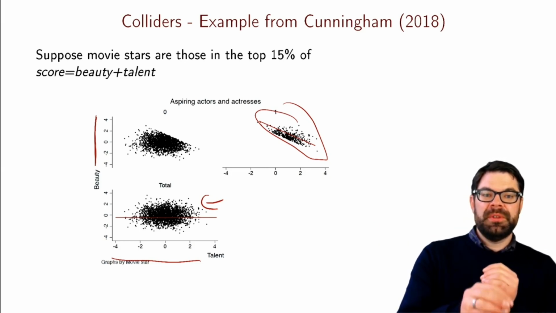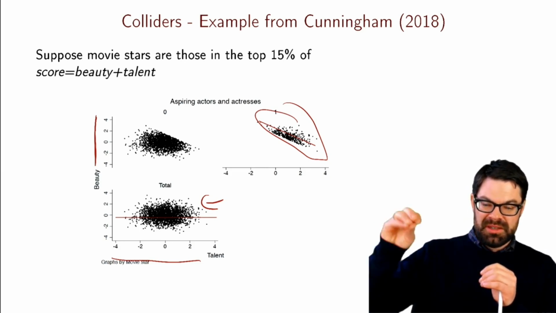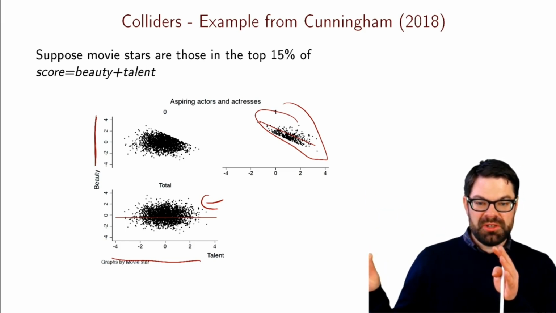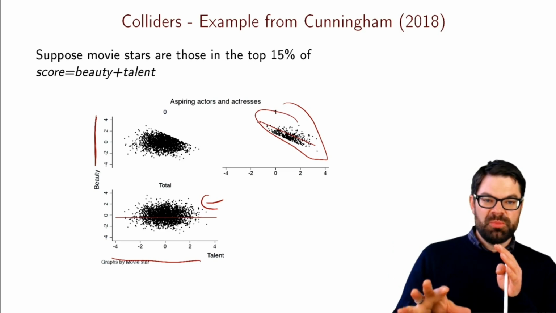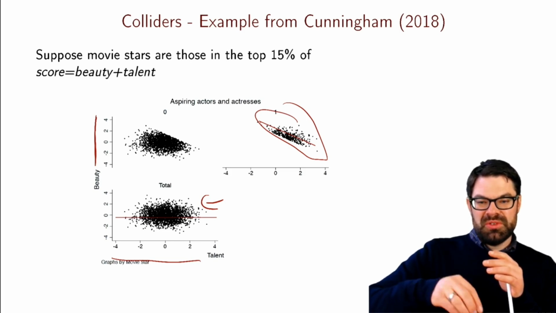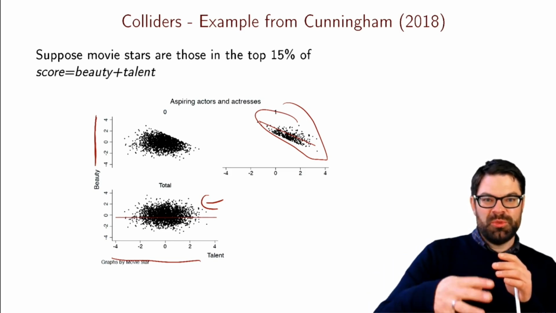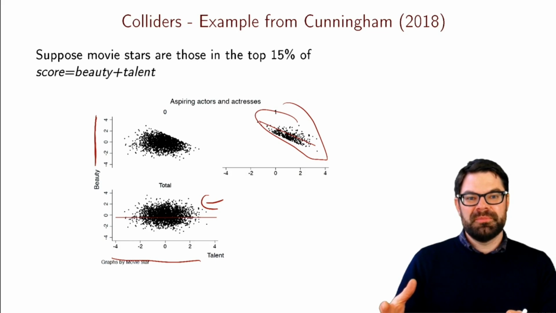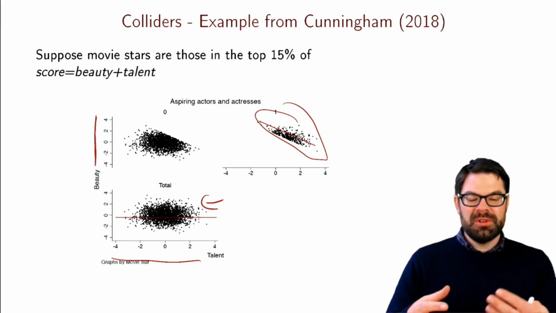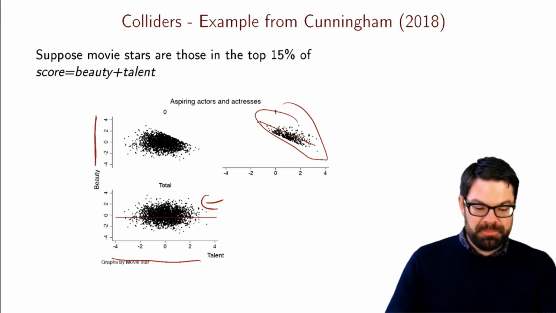What you observe within that group may not extrapolate to other parts of the population, and not because that group is particularly unrepresentative per se, but simply because due to that selection into that group, you have a collider bias. And that comes on top of that group not being representative to begin with.